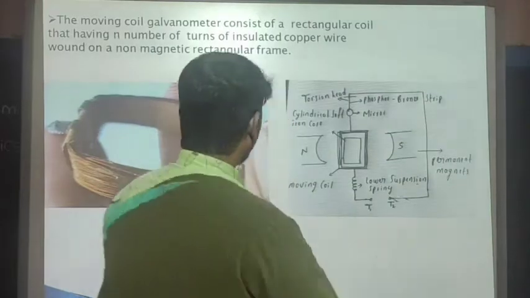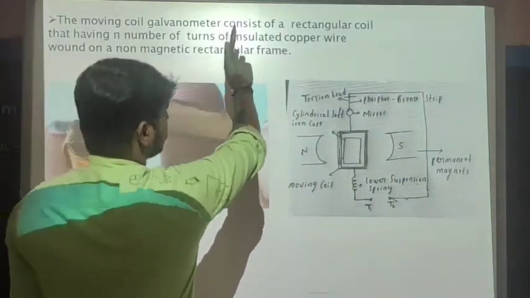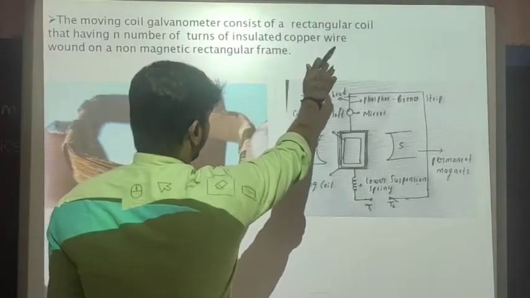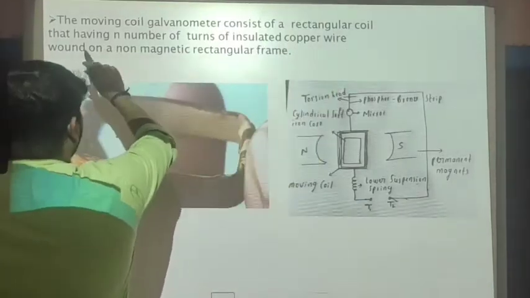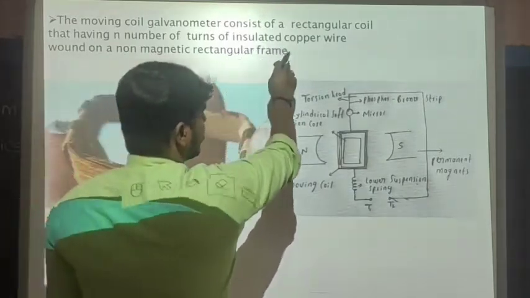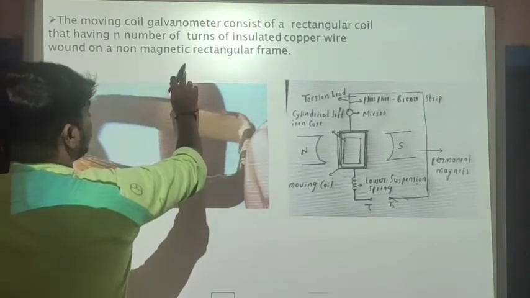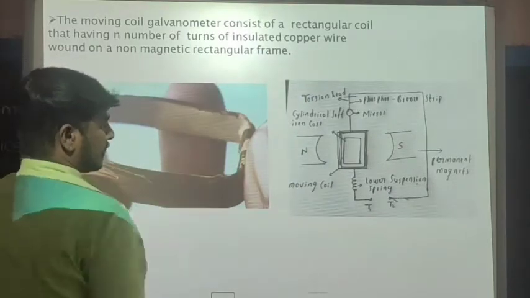Here you can see the first point: the moving coil galvanometer consists of a rectangular coil having n number of turns of insulated copper wire wound on a non-magnetic rectangular frame.